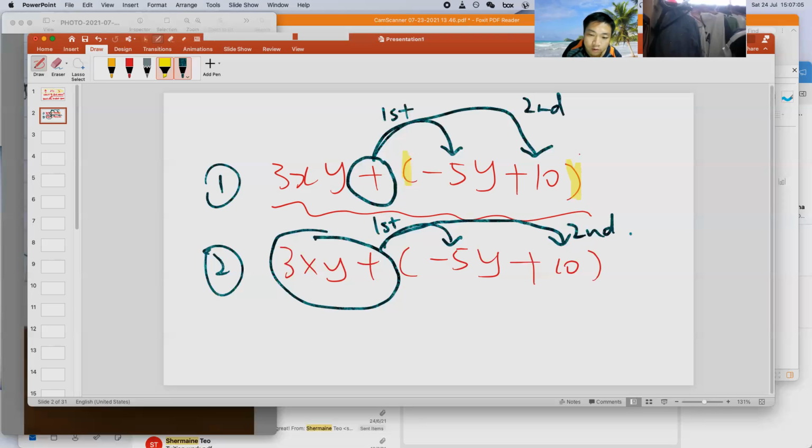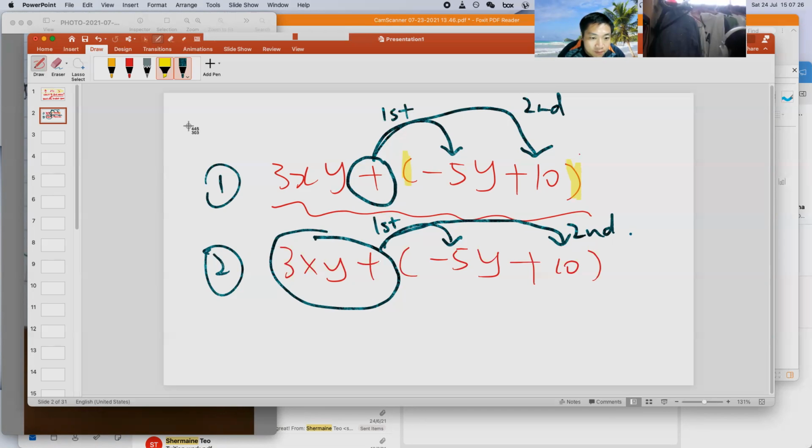So what do you think? So which one is correct? One or two? One. Okay. How do you decide? I don't want you to guess.